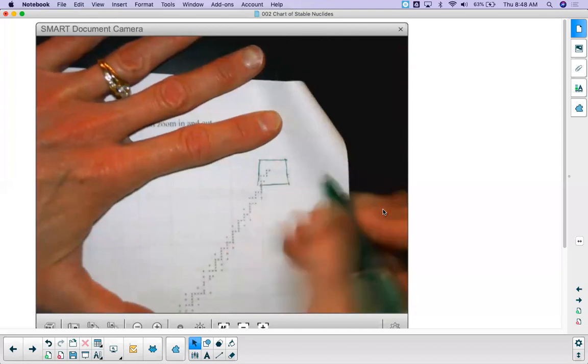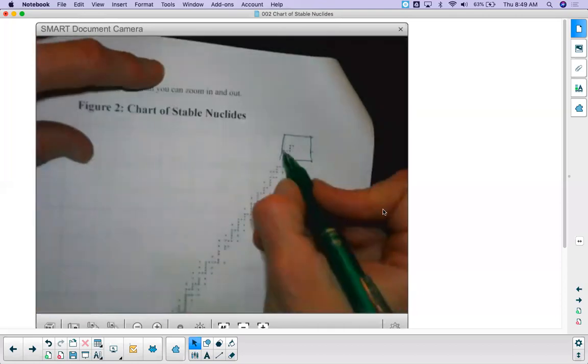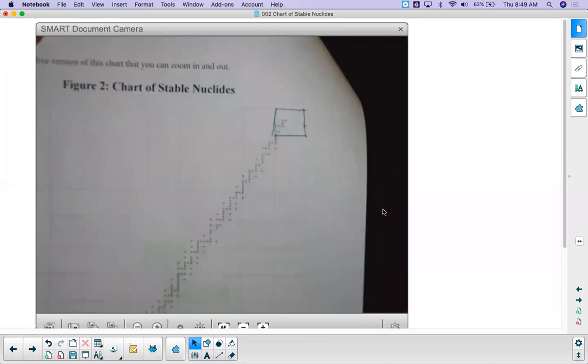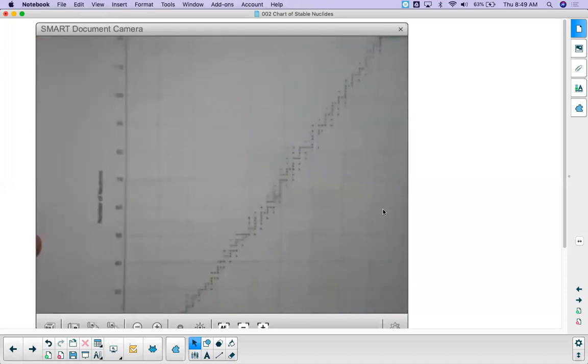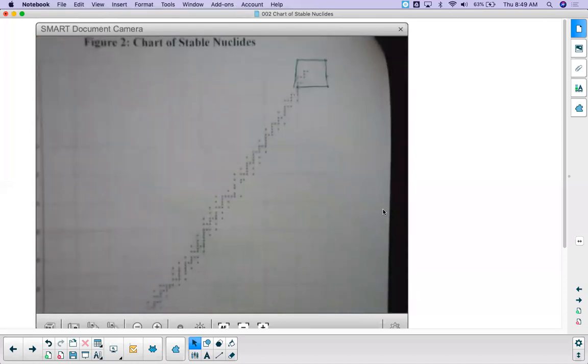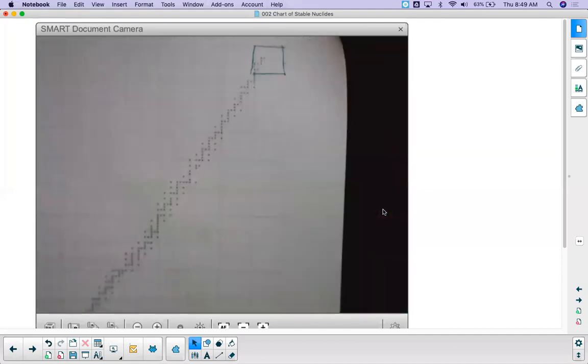There we go. I got them all. Up and over, and this little Z-shaped thing. You can probably hit your line better than I hit mine because you can actually see this stuff. This right here represents everything out there that is not radioactive. Every place that there's a dot is a stable nuclide, starting way down here and going way up there to the tippy top.